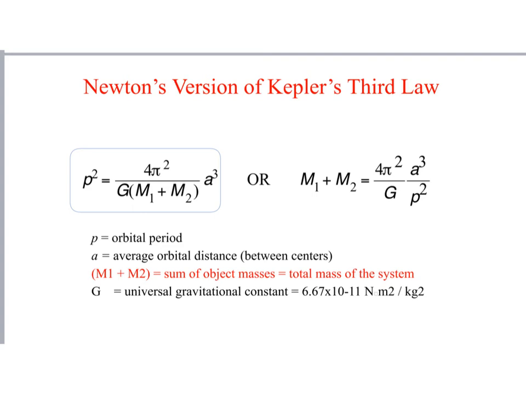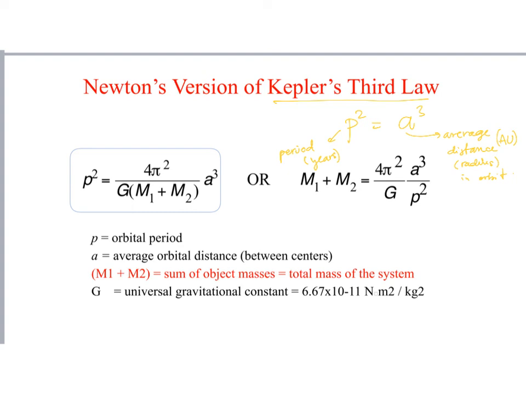And remember Kepler's third law that said P squared is a cubed. P was the period, which was measured in years, and the a was the average distance or radius, if you want, in the orbit, okay? And that was in astronomical units.